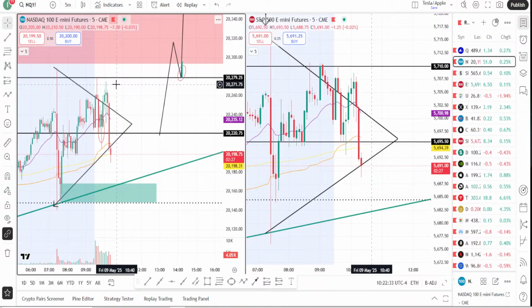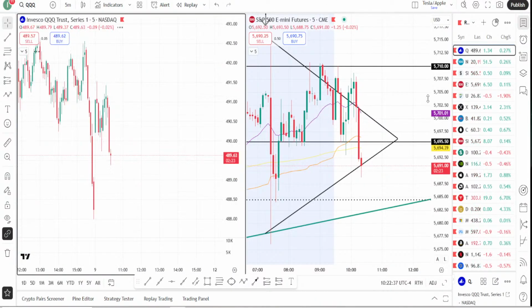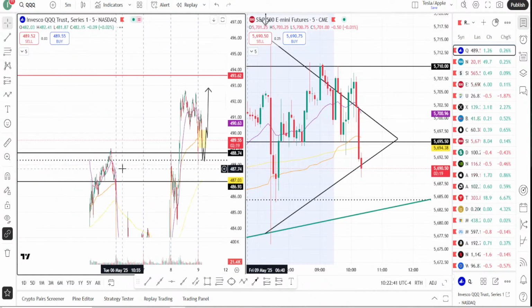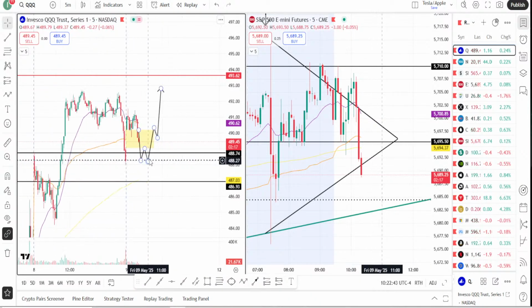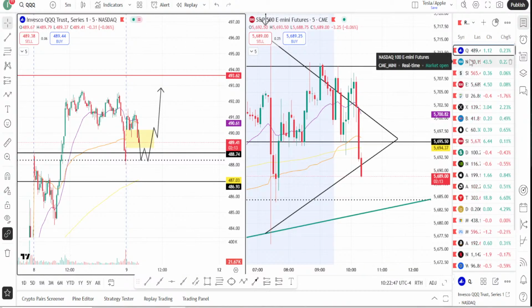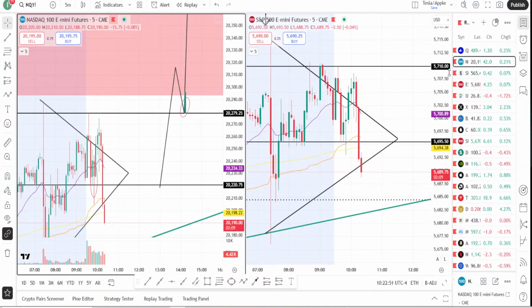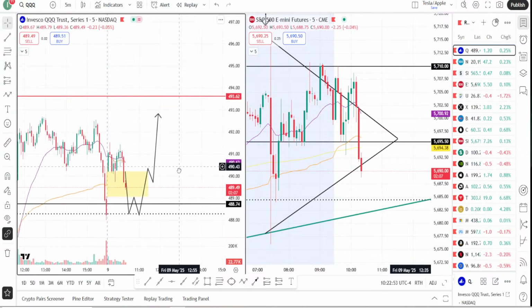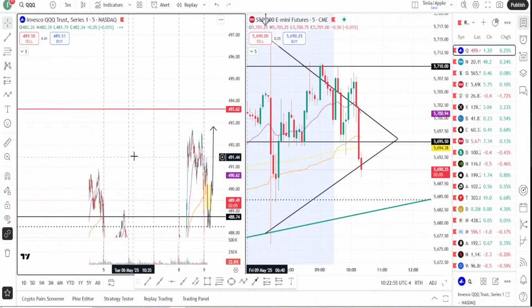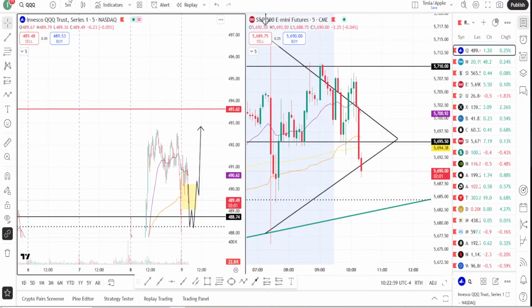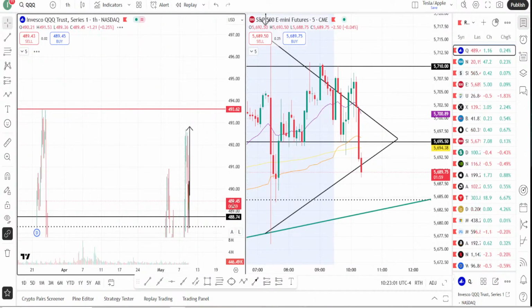Q's is going to rip on 494. 494 on the Q's. Take a look. We might even get higher. Actually, if we get that breakout setup, breakout pullback at these highs. Get that breakout. Let's take a look here.